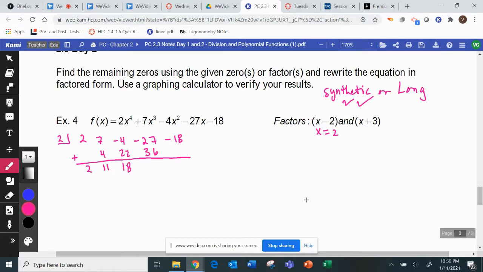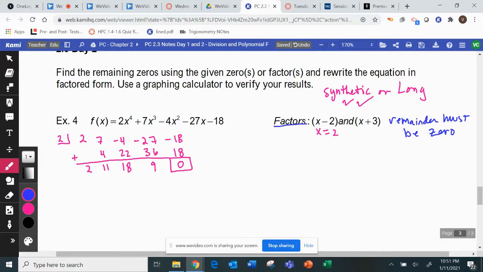Add those up. 9. Multiply those. I get 18. Add them and I get a remainder. If these are factors, the remainder has to be 0. If you get a remainder and it's telling you that it is a factor, then you're doing the work wrong. So this tells me I've done the work correct.